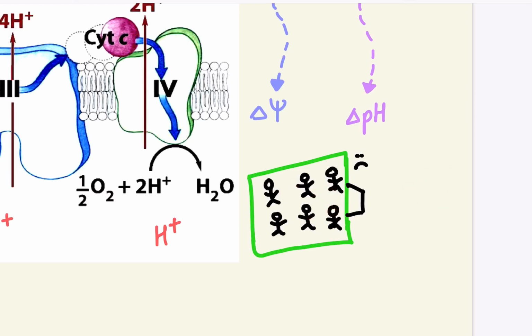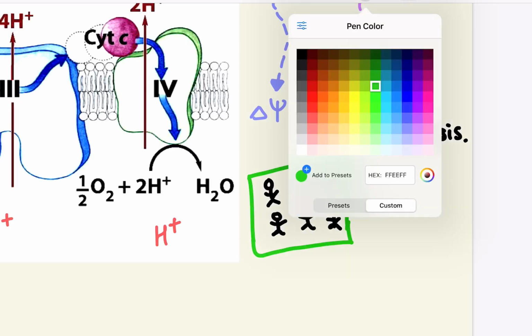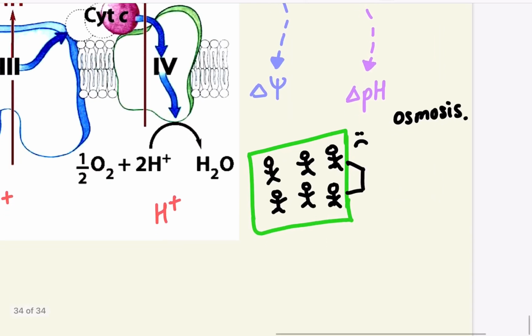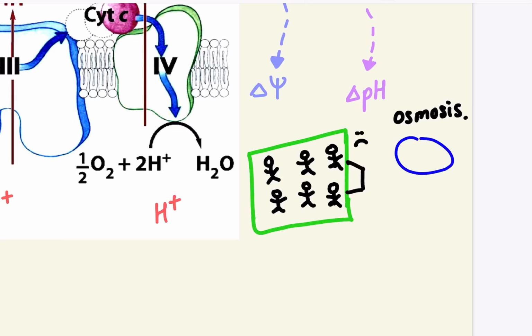You also might have heard of the word osmosis. Osmosis is the movement of water from one place to another. Let's say we put a cell in a very watery solution. There are a lot of water molecules in this solution, and only very few water molecules in the cell.